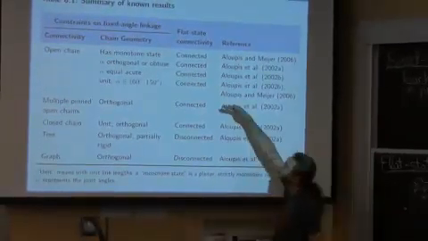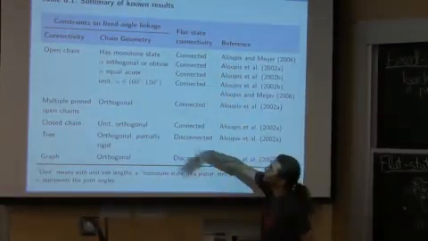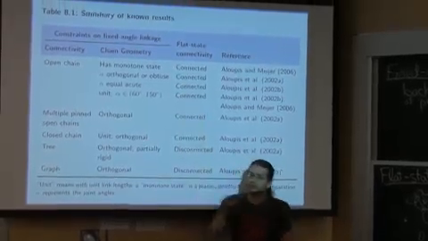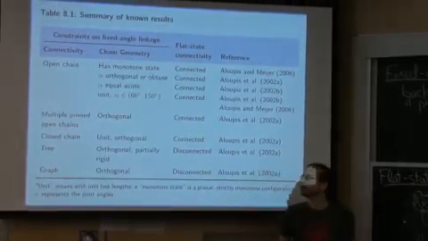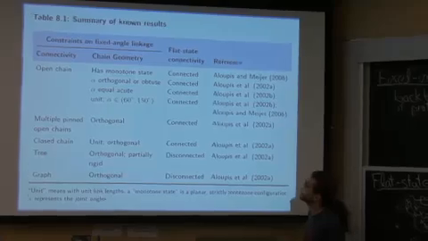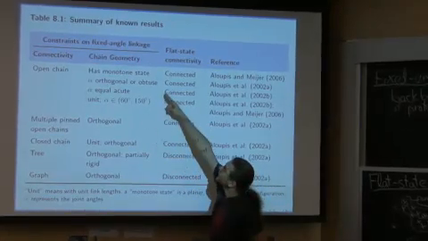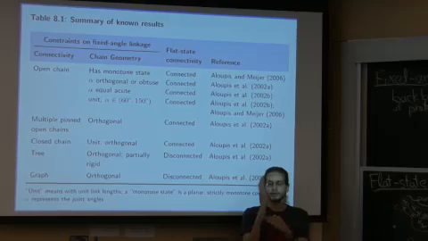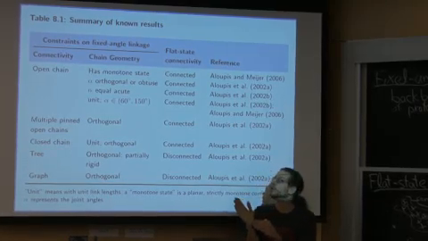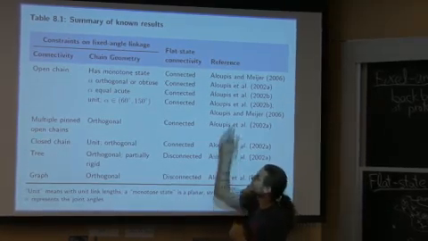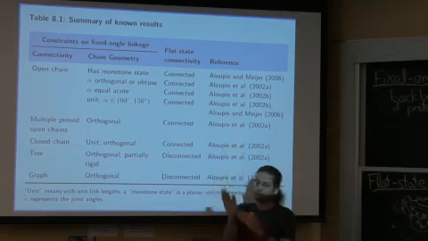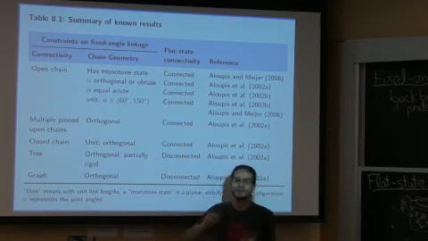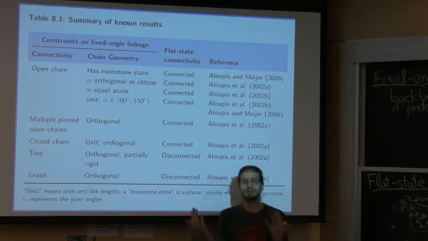So the top four results are about open chains, but they have an extra constraint. For example, open chains that have a monotone configuration, like the staircase, those are flat state connected. And so, in fact, whenever the angles between the edges are either orthogonal or obtuse, then they're flat state connected. When the angles are acute, we're not really sure. If all the angles are equal and acute, then we can do it. But if they're different and acute, we don't know.